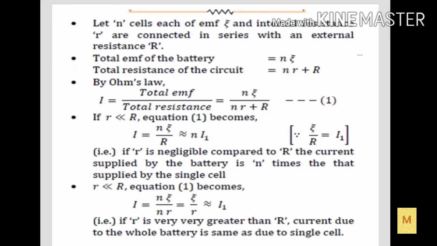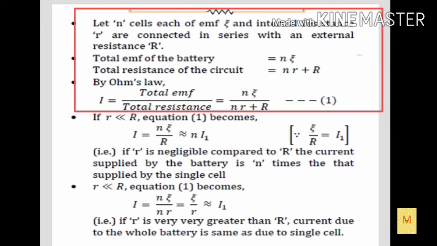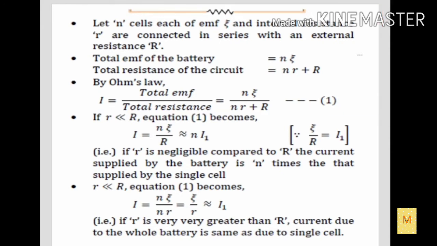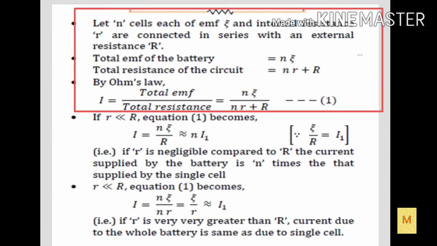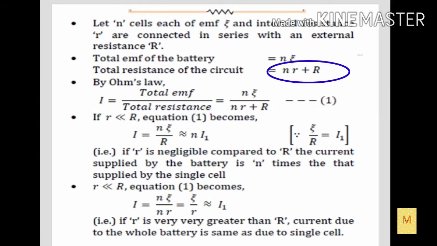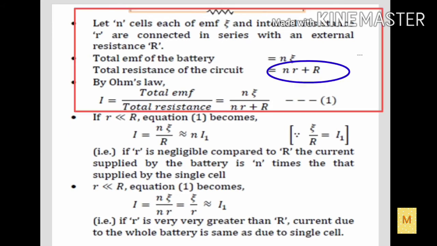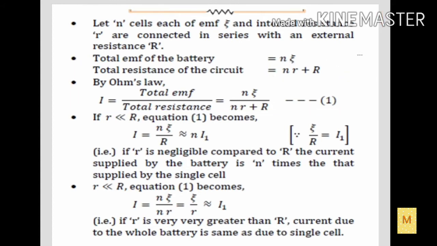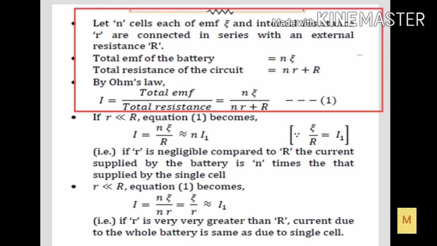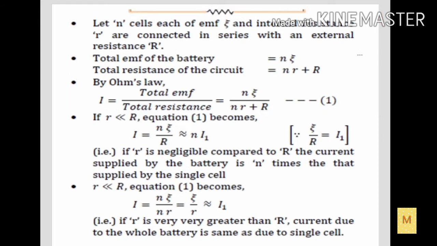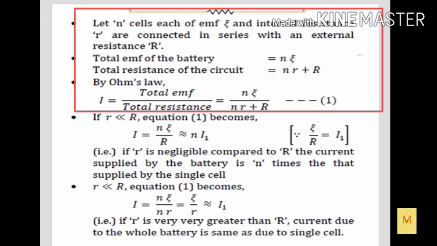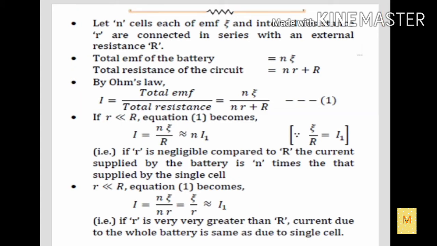Let us imagine n number of cells of EMF psi and internal resistance small r are connected in series with an external resistance capital R. Let n into psi be the total EMF of the battery and n small r plus capital R be the total resistance of the circuit. According to Ohm's law, I is equal to total EMF divided by total resistance, which is equal to n into psi divided by n r plus capital R. This is equation number 1.